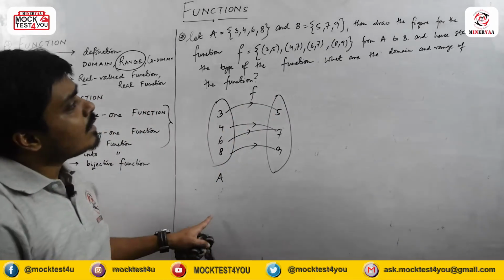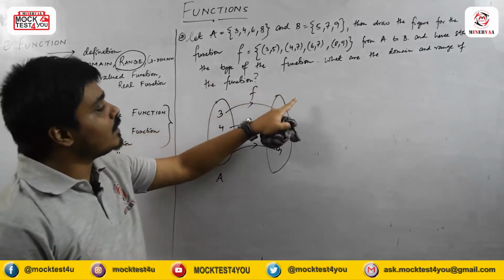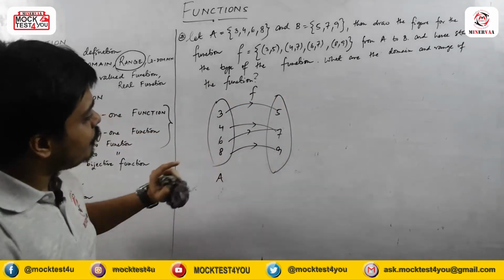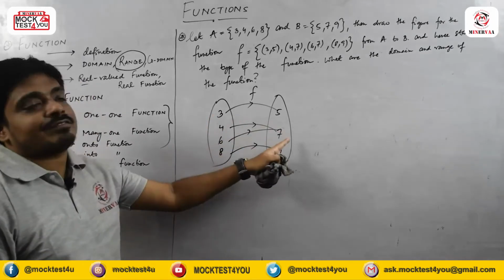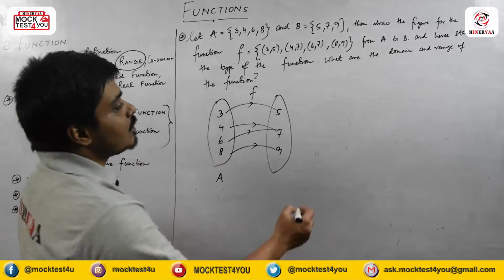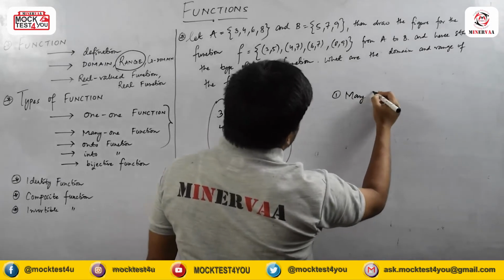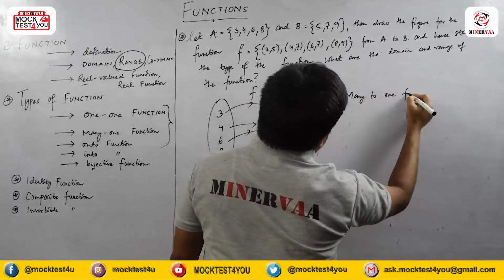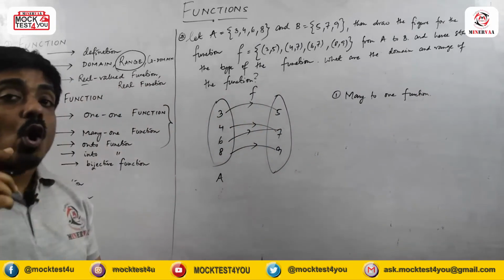Now they have asked, state the type of the function. So what type of function is this one? First thing you see, 3 has one element, and 4 and 6 have the same element. So this is a many to one function. And then the next one was onto and into.